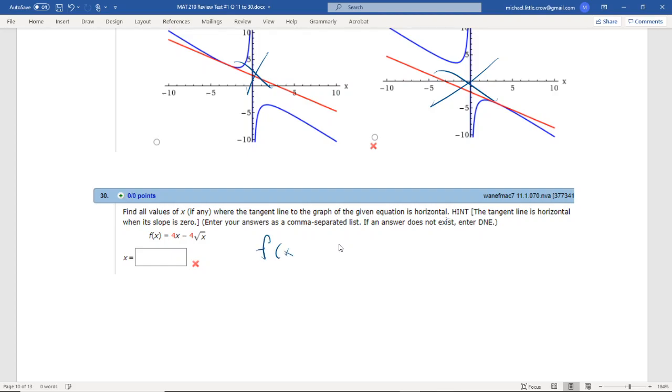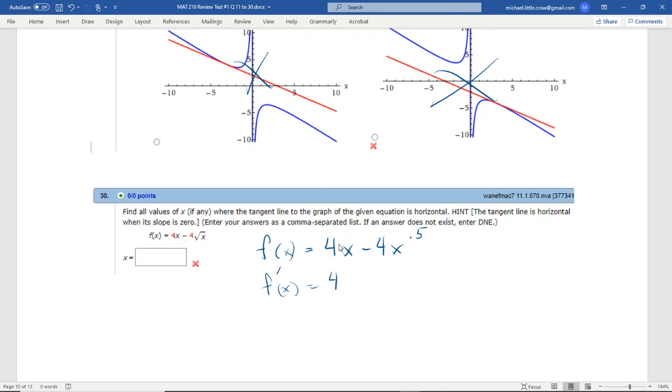But before we take the derivative, we're going to rewrite this all in terms of exponents. So we got 4x minus 4 to the x to the 1/2, 0.5. We'll just do that. Okay. We'll take the derivative. Derivative here, 1 comes down, 1 times 4 is 4.